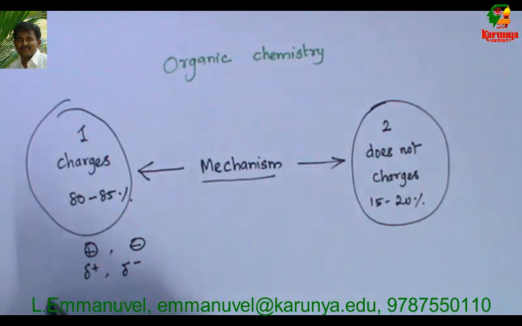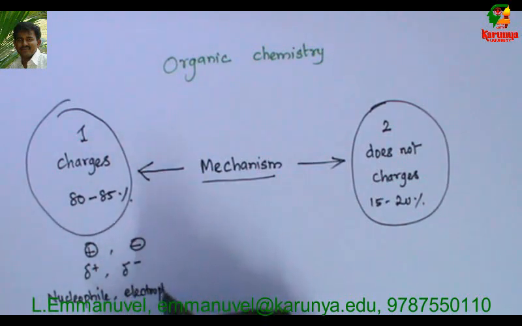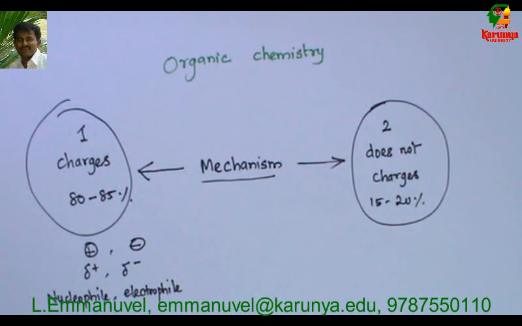If I say it like this, you may be familiar with it. That is nucleophile and electrophile. The reactions that involve nucleophile and electrophile. In the second category, you cannot find nucleophile and electrophile.